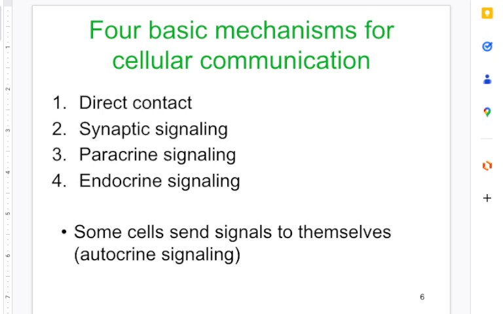Synaptic signaling occurs between two cells where there is a junction between them called the synaptic cleft, and a lot of times this happens between neurons and a target cell, or it can happen from one neuron to another neuron.